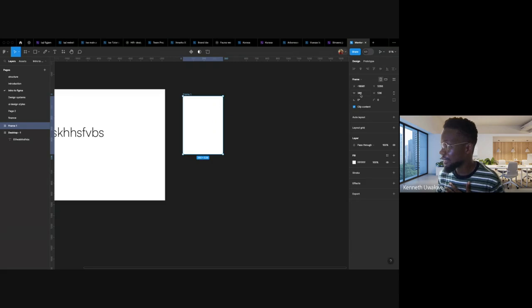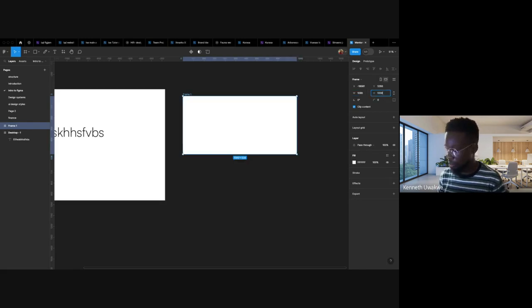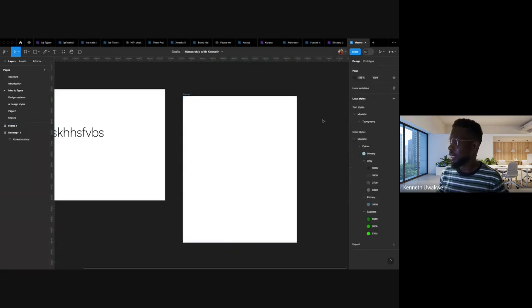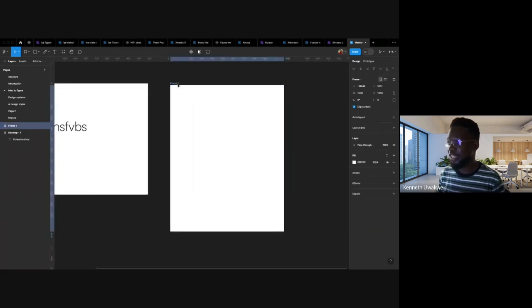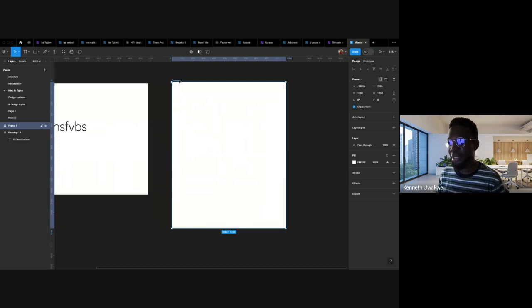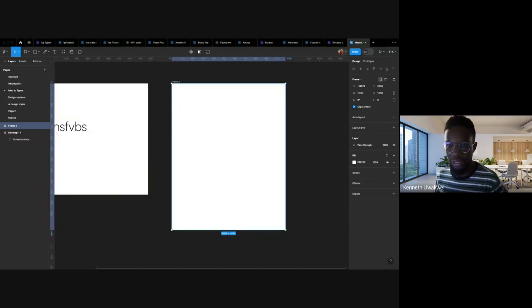W means width and H means height, beg your pardon. So let's say I want to design for the size 1080 by 1850. I can choose whatever size I want and start designing from here by myself. So that answers that, I believe.